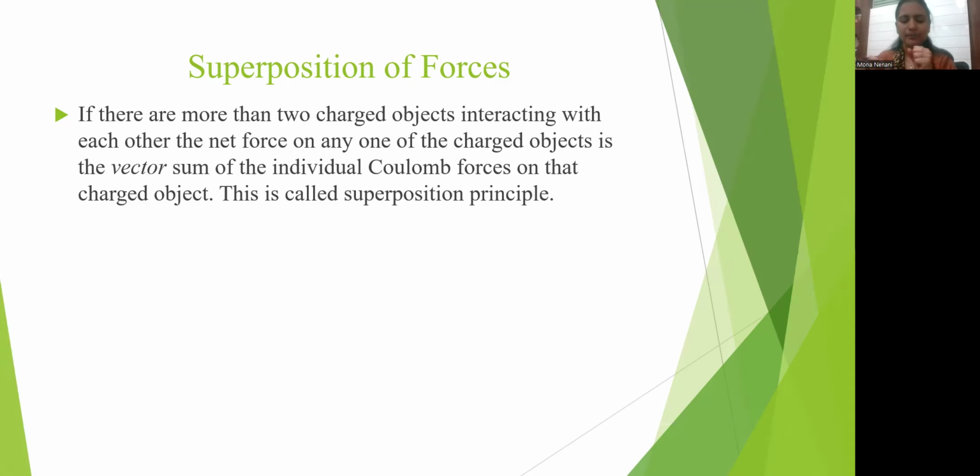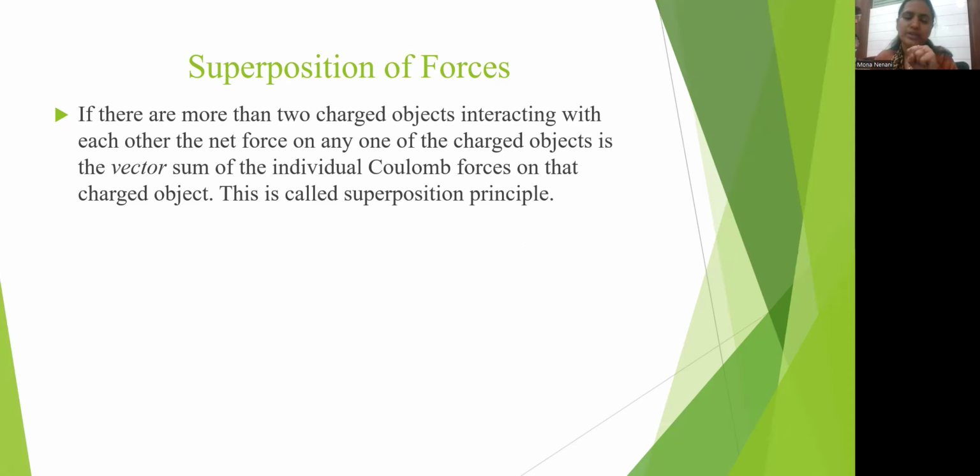Let's say the example, if there are three charges present, Q1, Q2, Q3. The distance between Q1 and Q2 is, let's say, r2, and the distance between Q1 and Q3 is, let's say, r3. So the Coulomb's force exerted on Q1 because of Q2 will be K Q1 Q2 upon r2 square, right? And the second force, due to Q3, will be K Q1 Q3 upon r3 square.